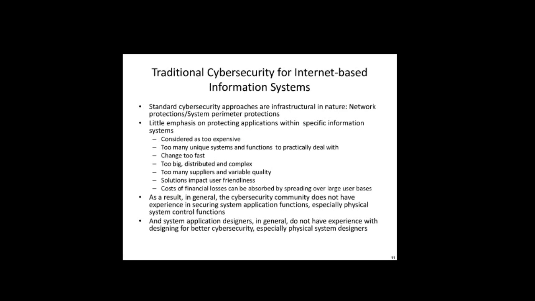I'm not going to run through all the reasons, but they're listed on this slide. Well, this means that our engineers who know a lot about cybersecurity typically don't know about the applications that underlie the perimeters and the networks that serve them. So if you go to a cybersecurity engineer and say, tell me how the air traffic control system works, they don't know, not in enough detail to deal with it. They know it's bad to allow access to the system, but they don't know how it actually works.